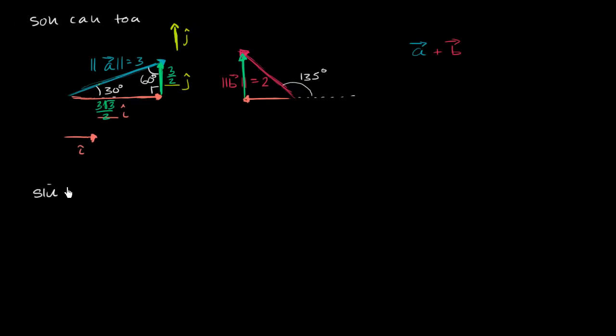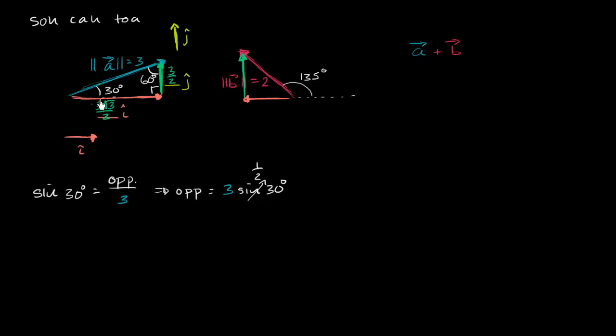Sine of 30 degrees is going to be equal to the opposite side over the length of the hypotenuse, over 3, or we could say that the opposite side is equal to 3 times the sine of 30 degrees. And if you put this in your calculator, sine of 30 degrees is 1/2. And so you're going to get 3/2 here.